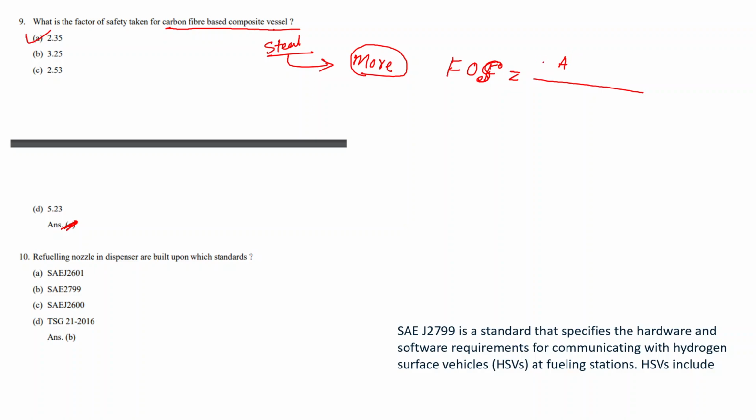Exactly. So the definition of the factor of safety is the permissible strength or allowable strength, I am writing permissible strength of material, divided by the exact material strength, or the material strength or yield strength.